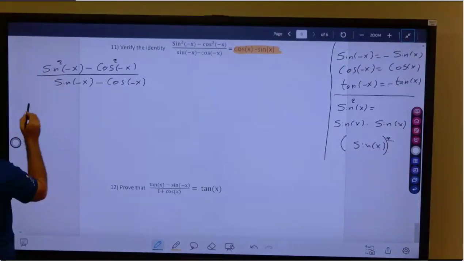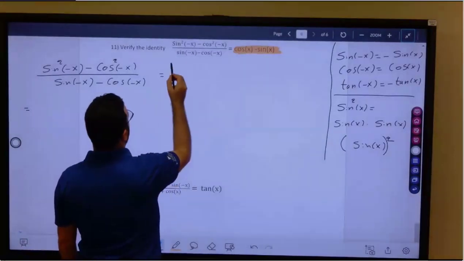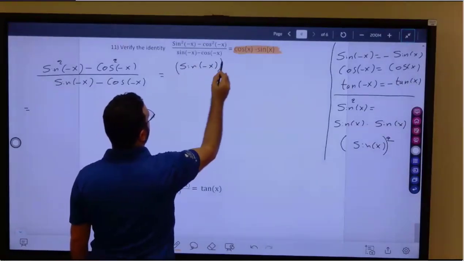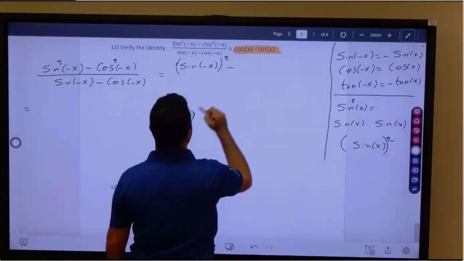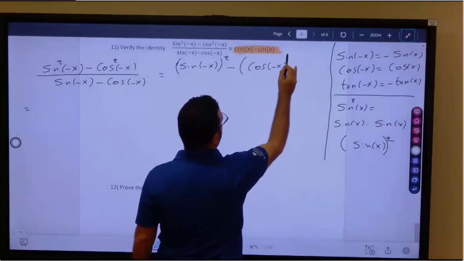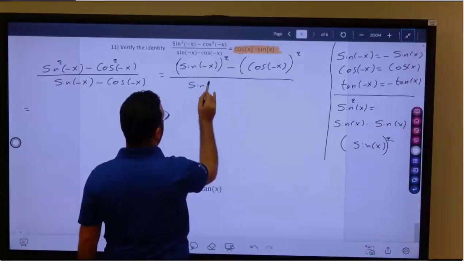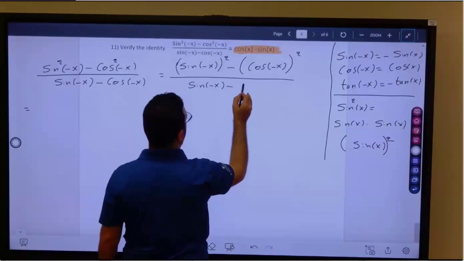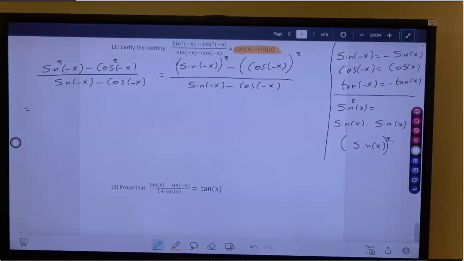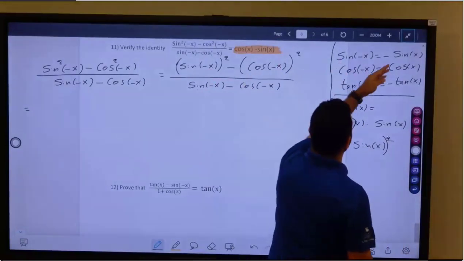Sine squared negative x, this one is equal to what? We can do it here. It's going to be sine negative x, everything squared, minus cosine negative x squared, and everything here over sine negative x minus cosine negative x. Now I can use these rules because sine negative x is going to be negative sine x.